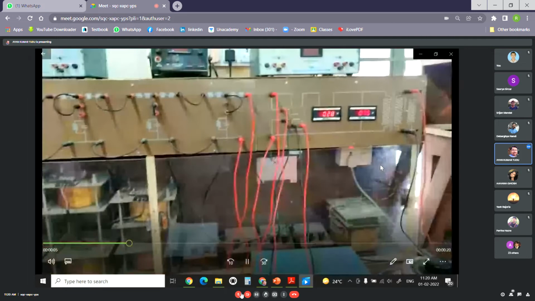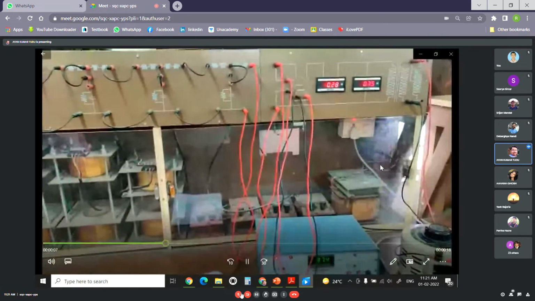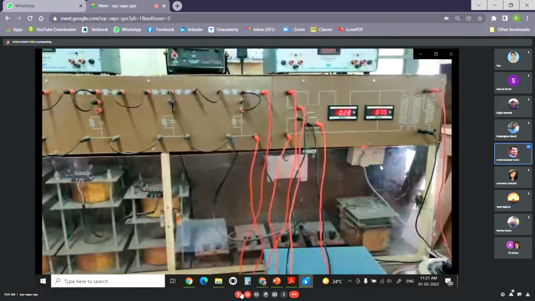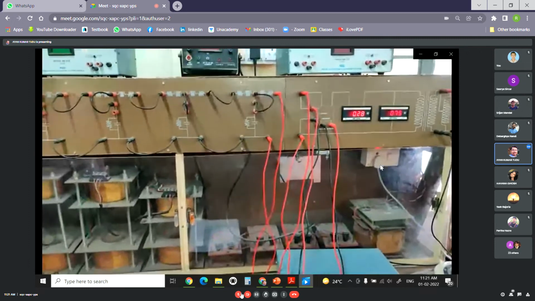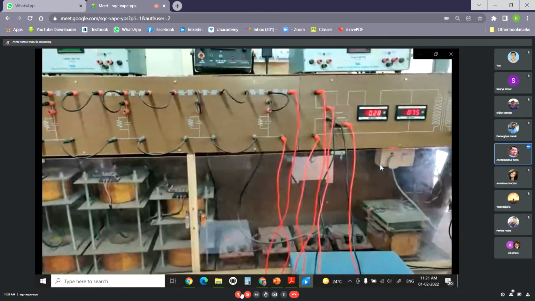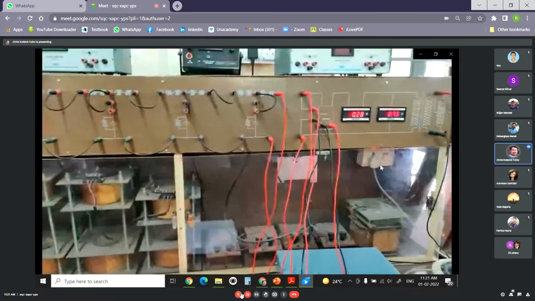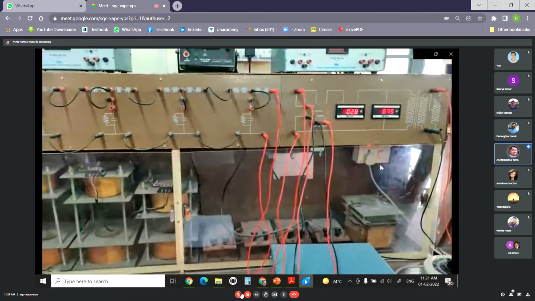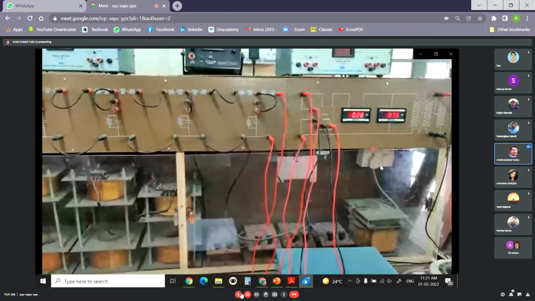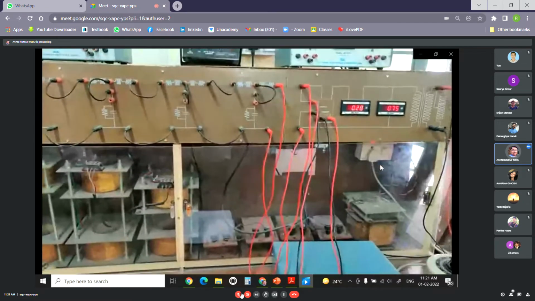As you can see, the supply is in the sending end, and we'll be measuring the voltages and currents at the sending end, and then we'll be measuring the impedances.